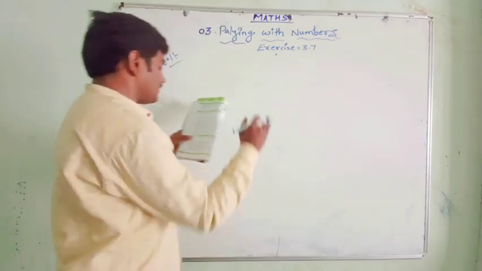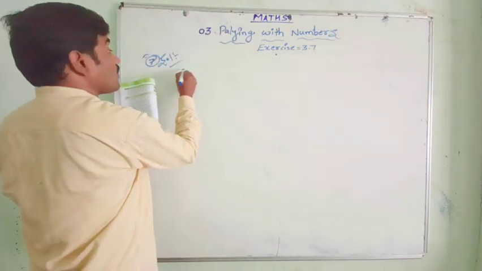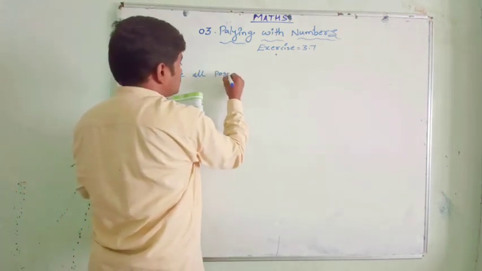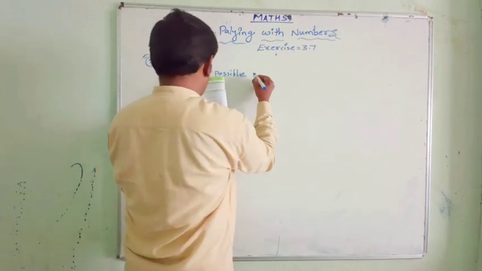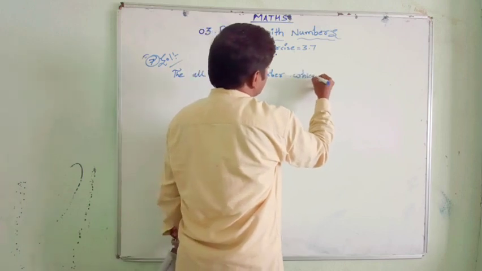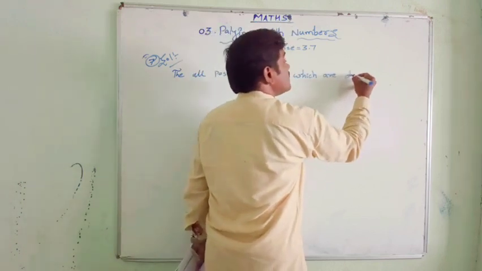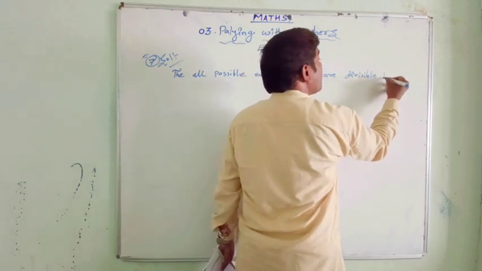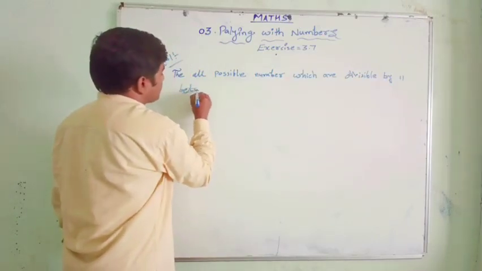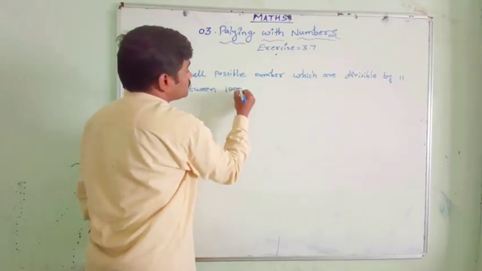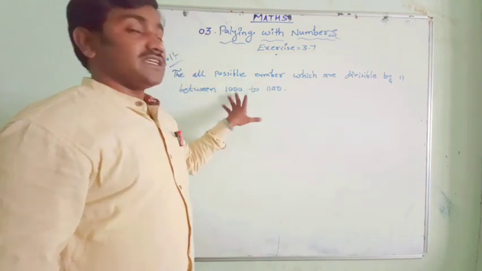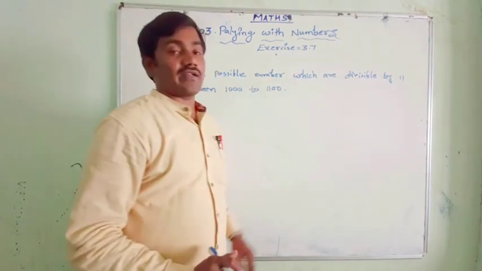Okay, write all the possible numbers which are divisible by 11 between 1000 to 1100. So between these, how many numbers are divisible by 11? That I need to write.